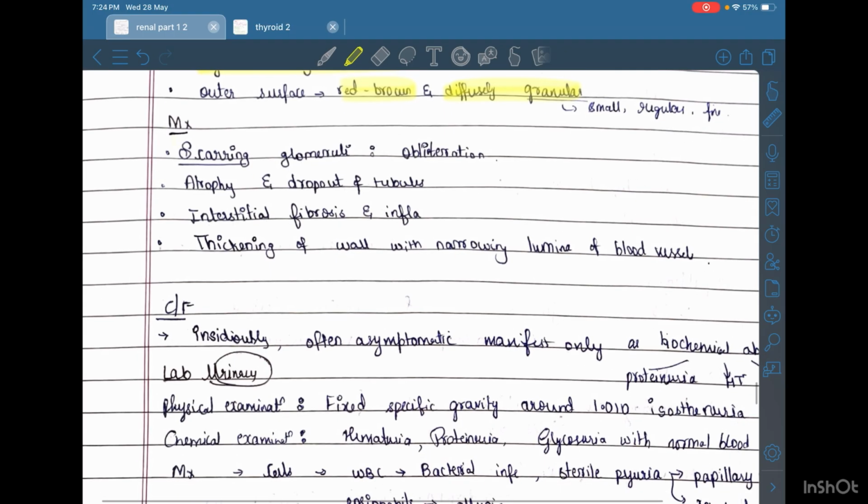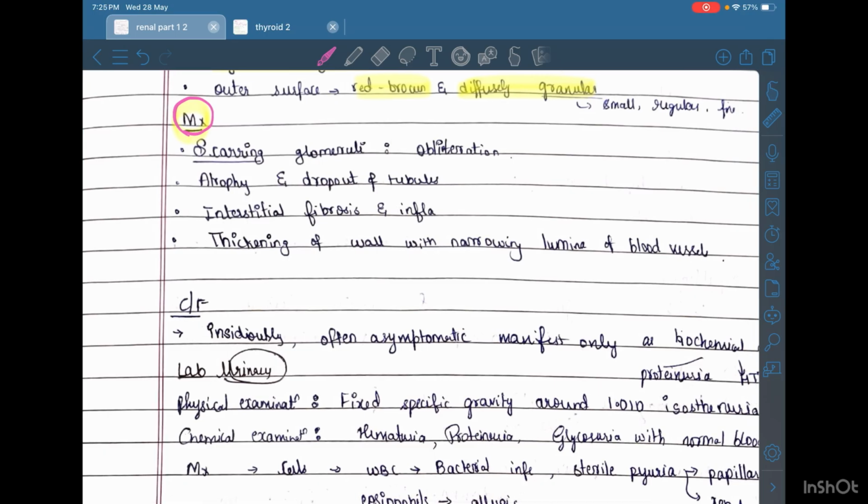Coming to the microscopy, in the glomerulus there will be scarring of the glomeruli. Common to all is advanced scarring of glomeruli.